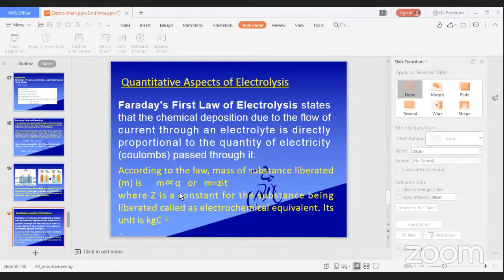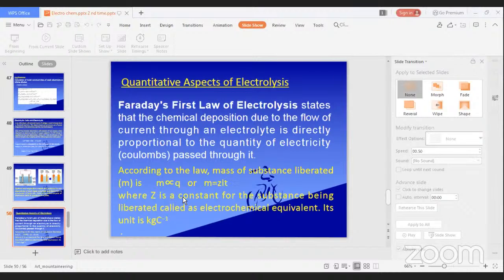Here Q is in coulombs, and 1 coulomb equals 1 ampere times 1 second. Substituting Q equals IT, where I is the current in amperes and T is time in seconds, M equals Z times IT. Here Z is a proportionality constant.